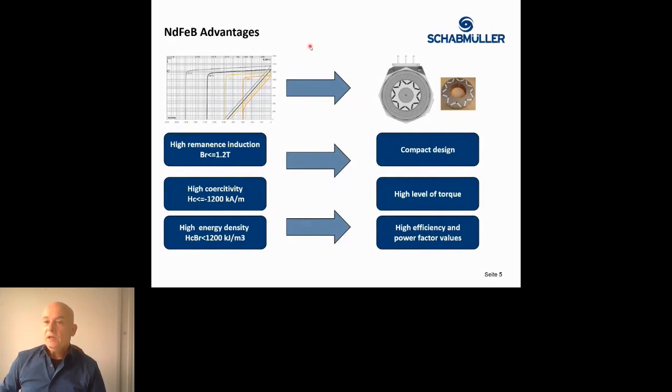Looking at the neodymium ferrum boron, the rare earth material's advantages are clearly the high remanence induction, the high coercivity, and the high energy density. These lead to a compact design of the electric machine, to a high level of torque density, to good efficiency, the best efficiency one may say, and to good power factor values.